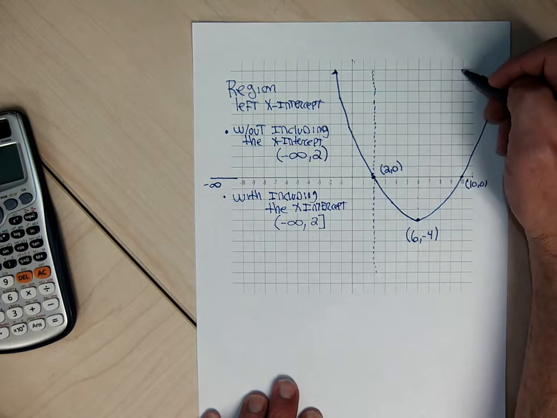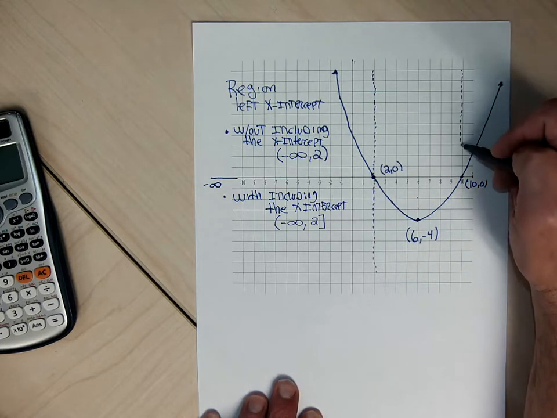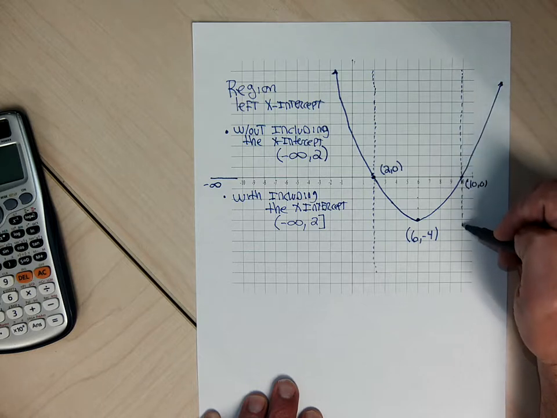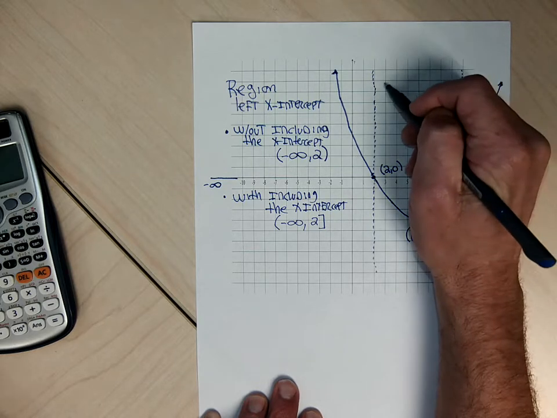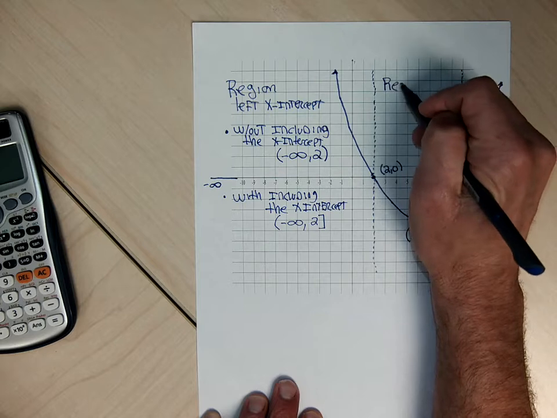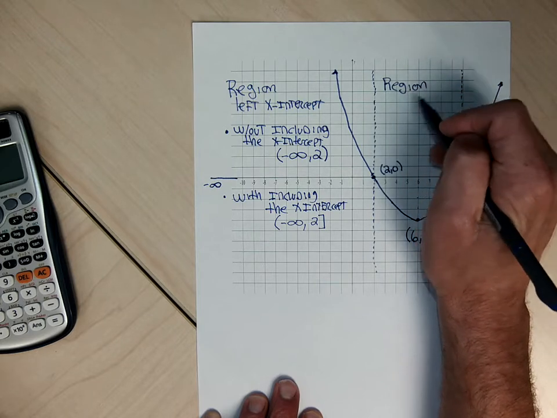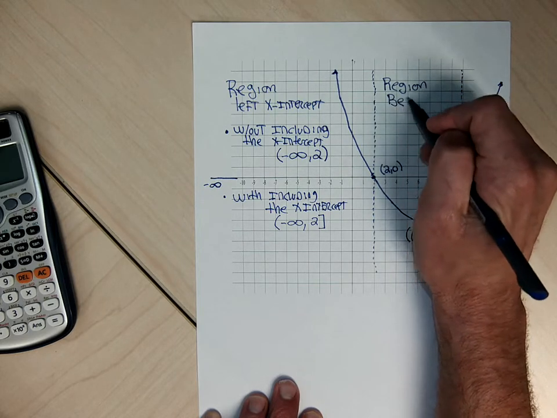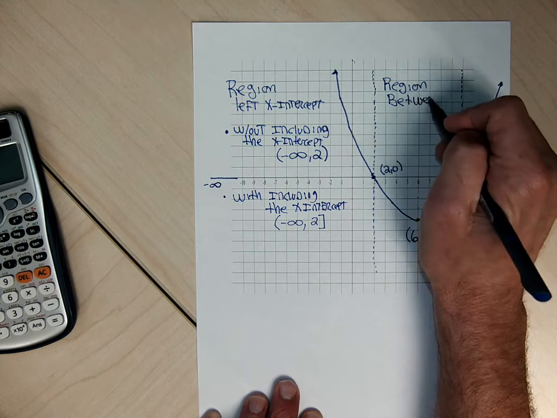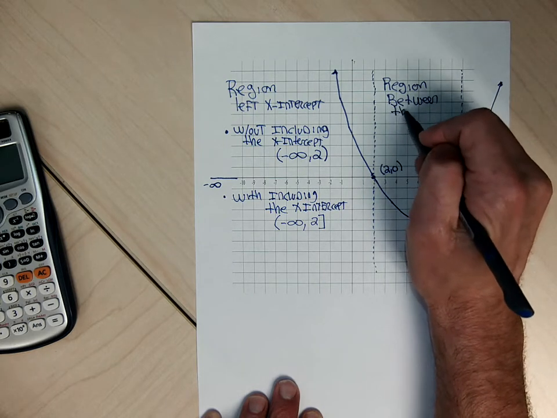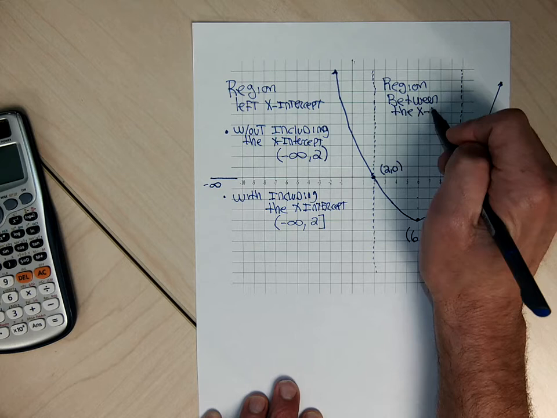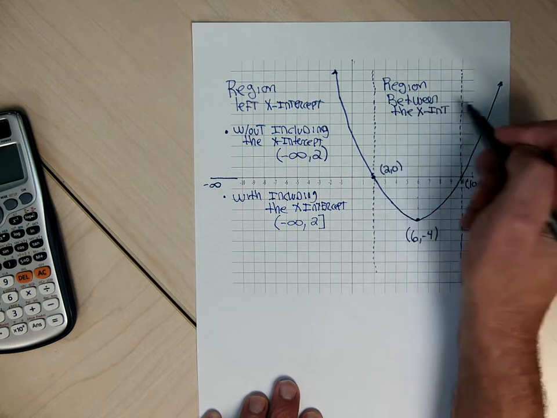The next region I want to describe, in terms of x's, is the region between the x-intercepts. I'm going to abbreviate intercepts because I'm out of room.